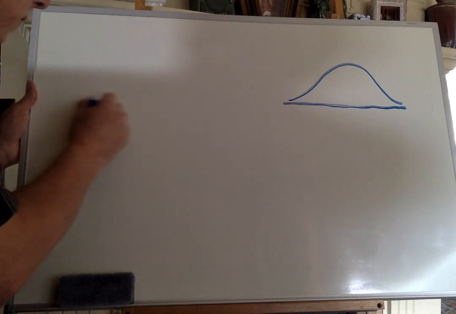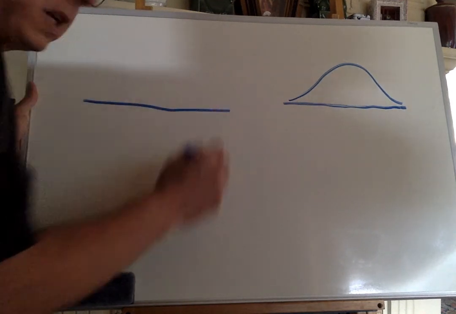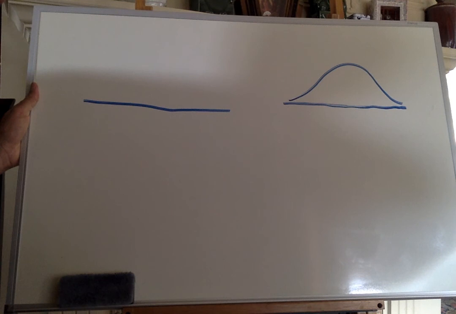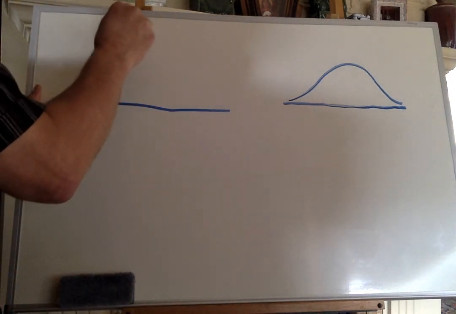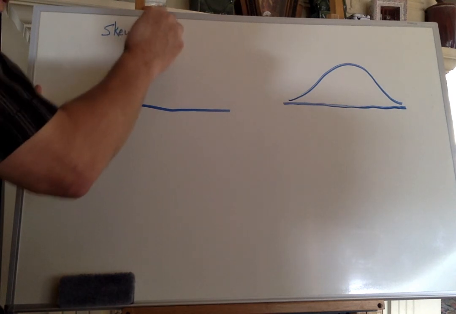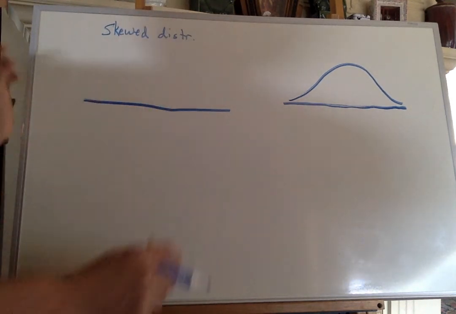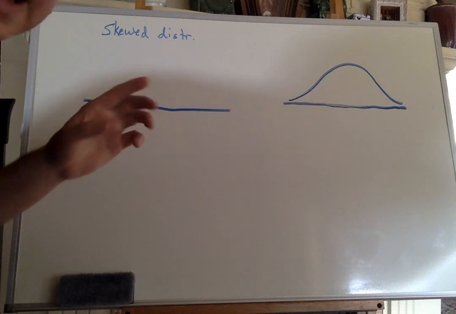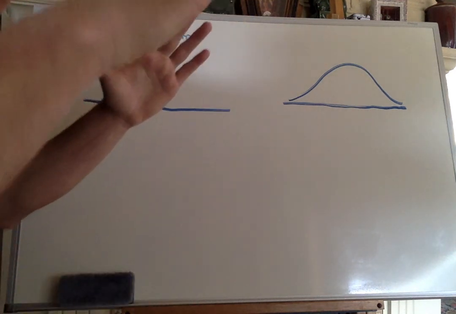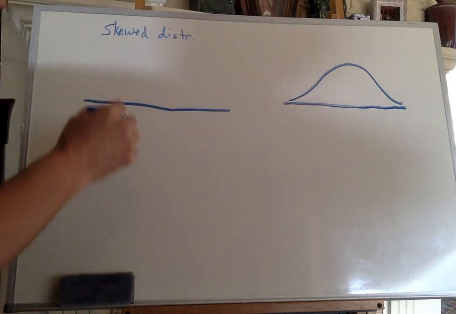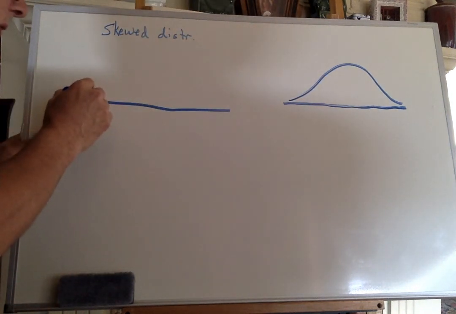Another kind of curve that's very common to see is something called a skewed distribution. Okay. Skewed with a K, and it's not screwed, it's skewed, like a lampshade is askew, okay. And here's what a skewed distribution looks like.